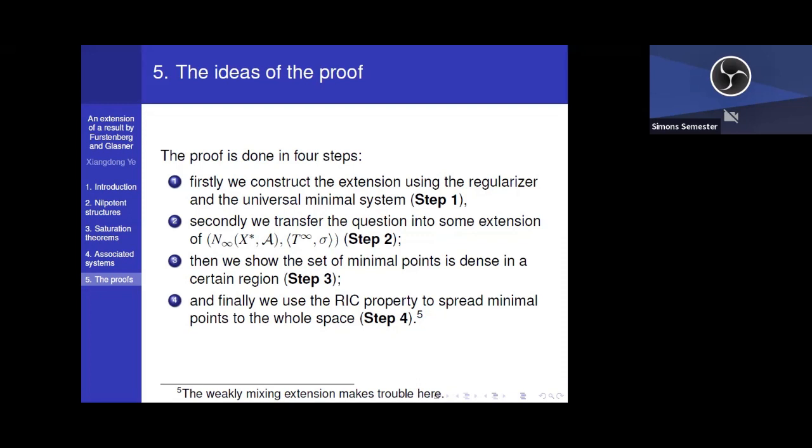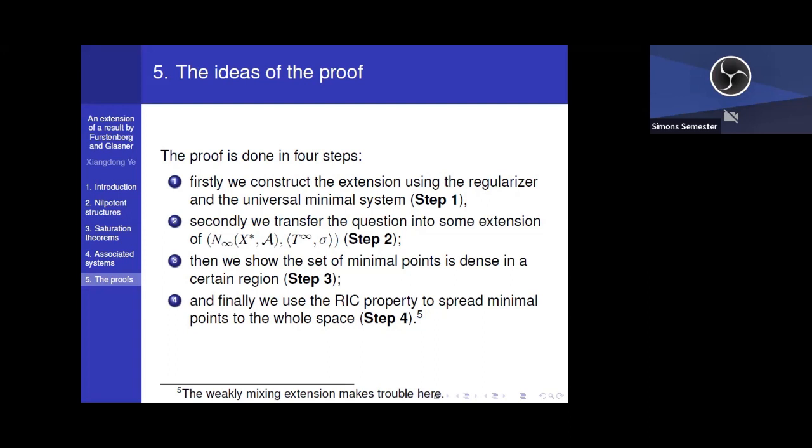So the first step, we construct this extension. Then we transfer this question to some extension. Then we choose a set of minimal points dense in some certain region. So if the RIC extension is distal, this step has finished. You stop here. But the real trouble is when it is proximal, it's okay.